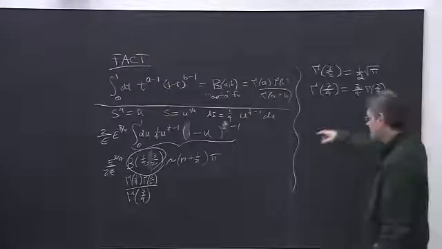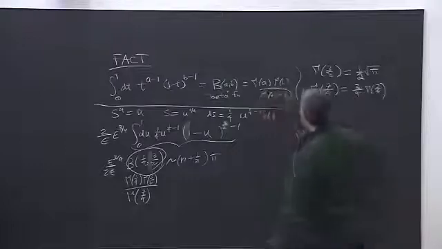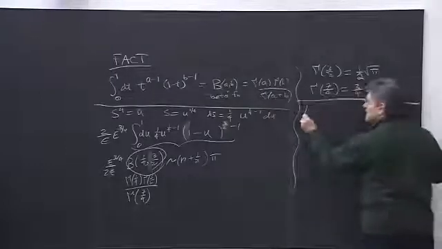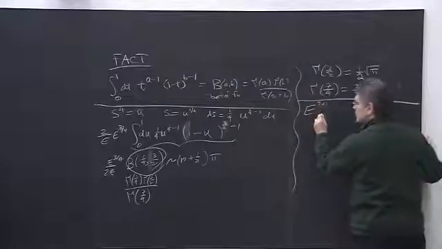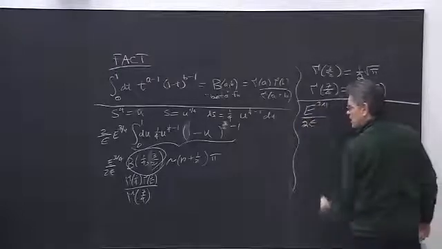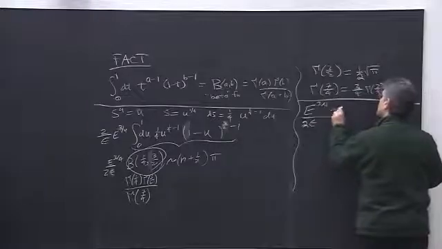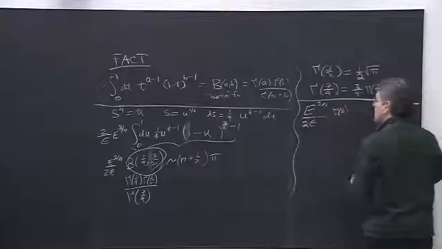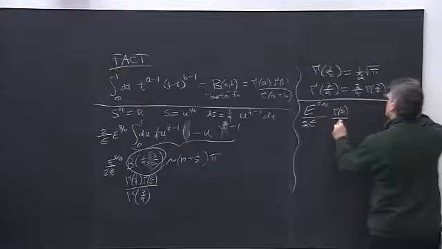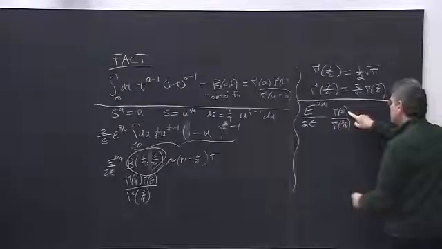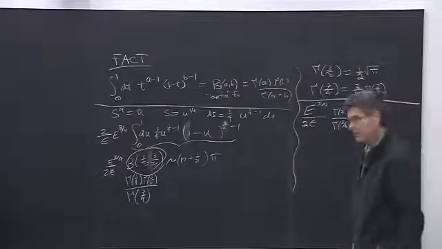So let's put this fact into this equation and see what we get. We get e to the 3/4 over 2 epsilon. Then on top we have gamma of 1/4, and in the bottom we have gamma of 3/4. Both of these are transcendental numbers.